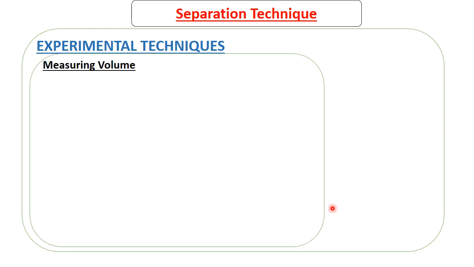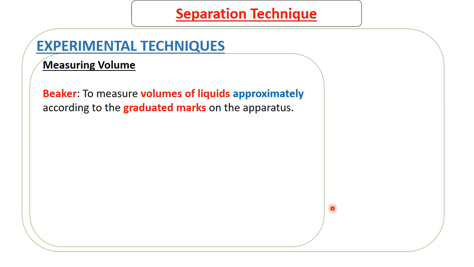So we're going to start with the first apparatus, which is called the beaker. The beaker is used to measure volumes of liquids approximately according to the graduated marks on the apparatus. So the keywords here are volumes of liquids. We're going to start measuring volumes of liquids or solutions, not solids, because solids are straightforward.